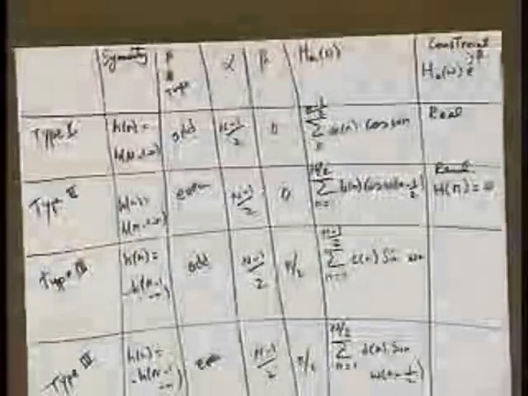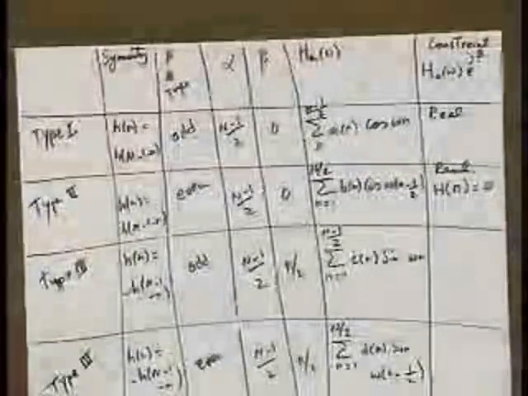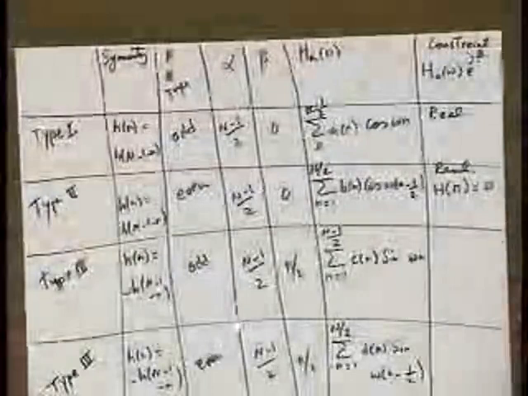And therefore, one conclusion that you can get from that is that we cannot use this type 2 to be a what? What kind of filter can it not be? A high-pass filter. And I'll elaborate that in just a second.